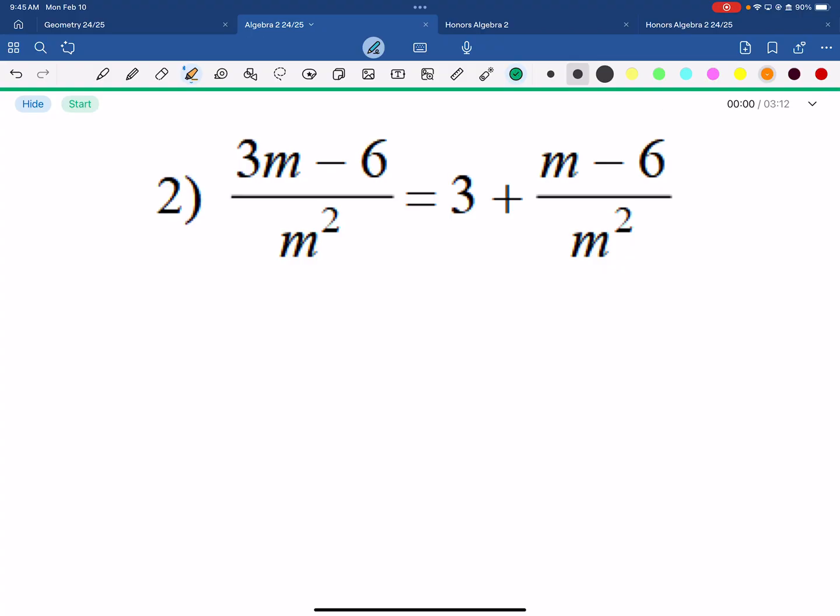Alright, so we have 3m minus 6 here, so can I move the 3m squared over here? Let me move it from 0 to minus.